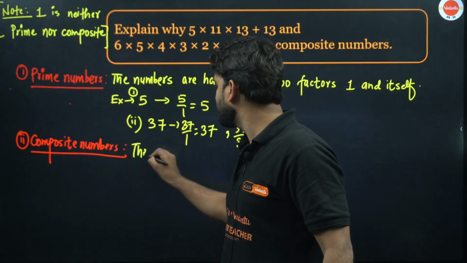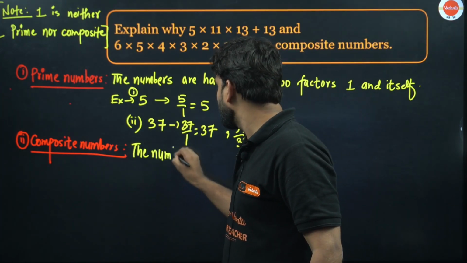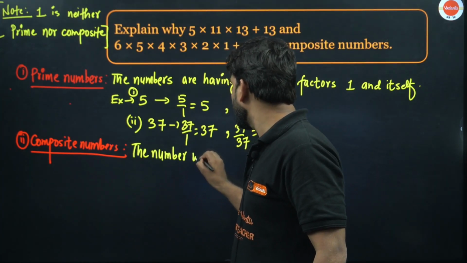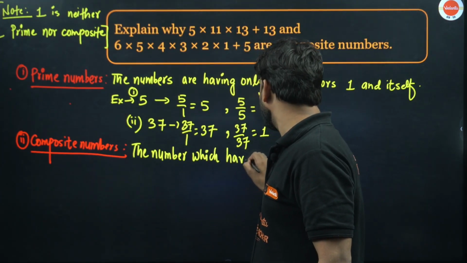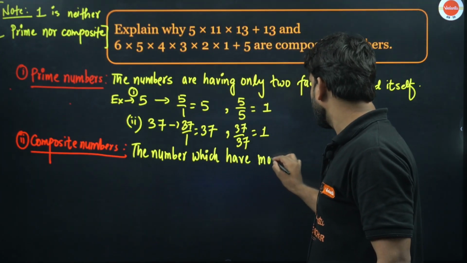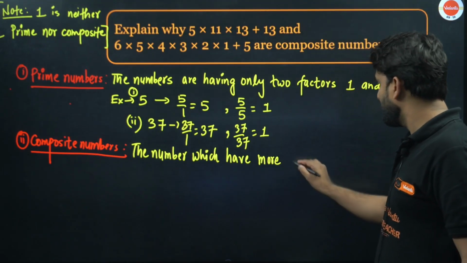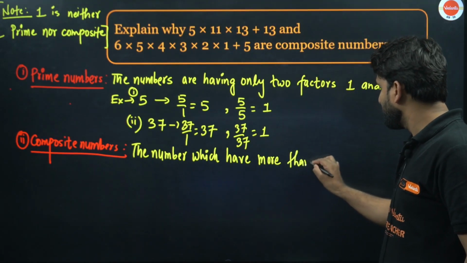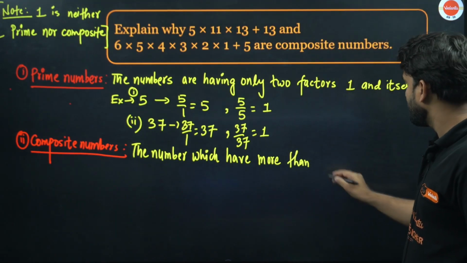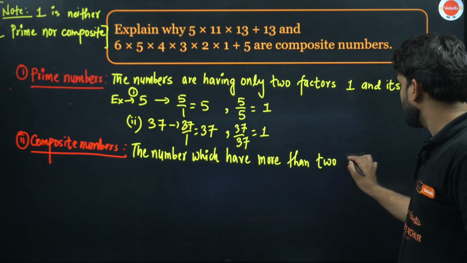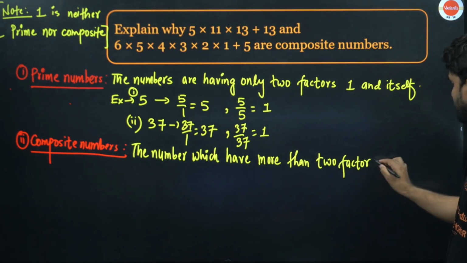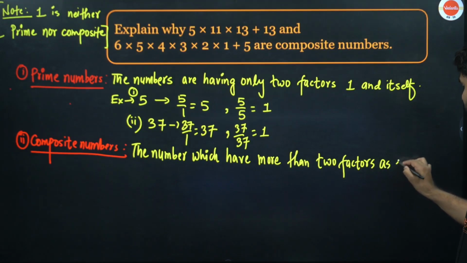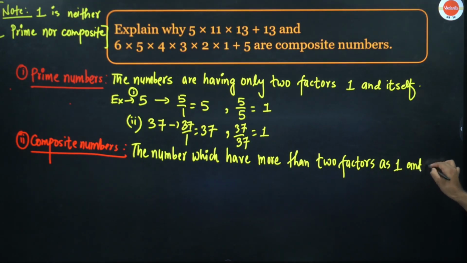The numbers which have more than two factors, as one and itself.